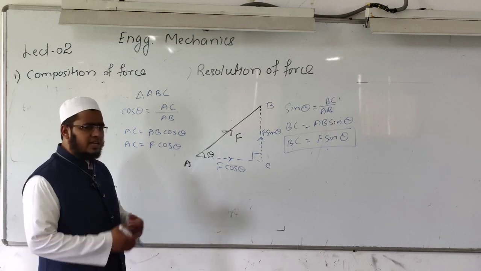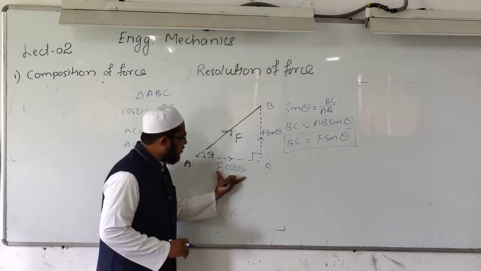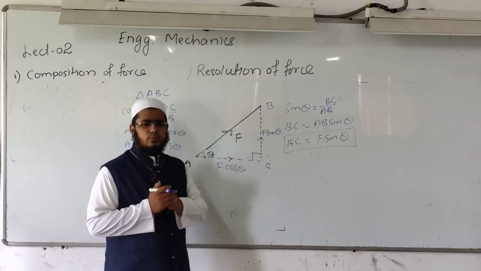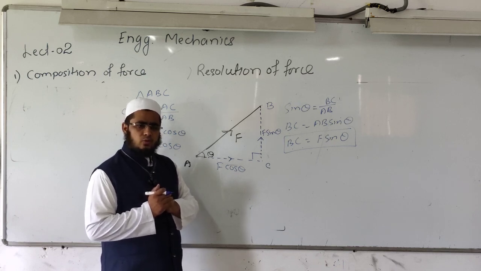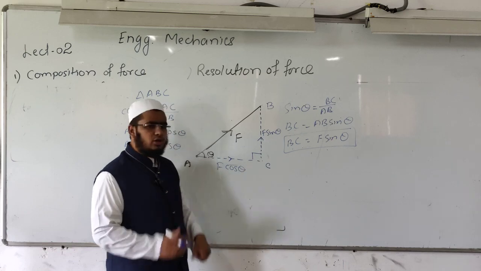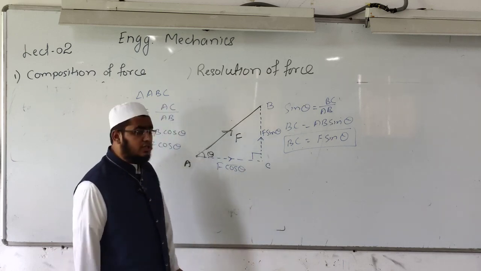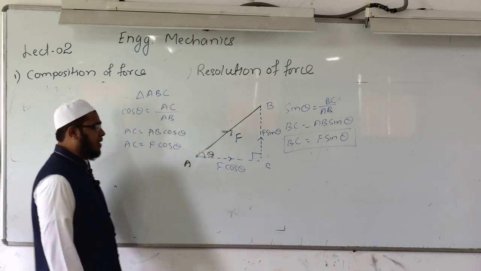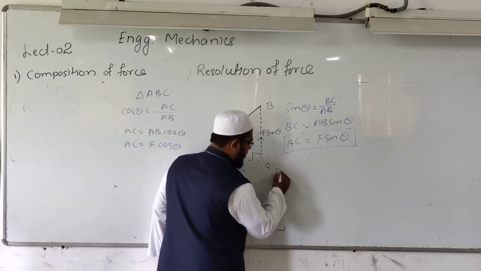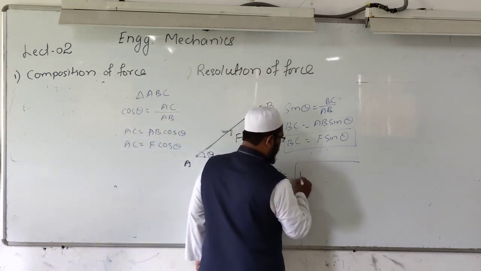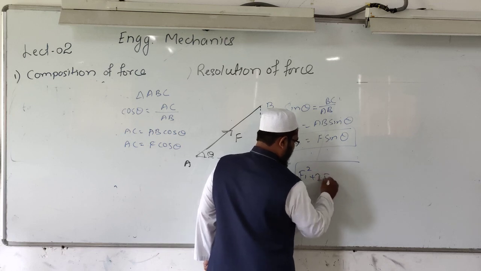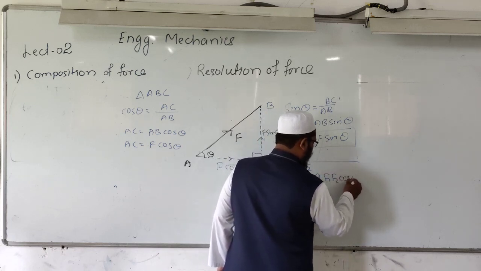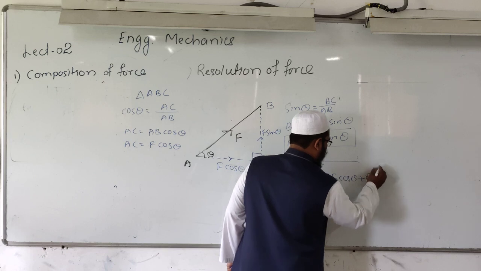Assume that F cos theta and F sin theta are two components, two forces which are acting perpendicular to each other. If we use the law of parallelogram of forces, R equals the square root of F1 square plus twice F1 F2 cos theta plus F2 square.